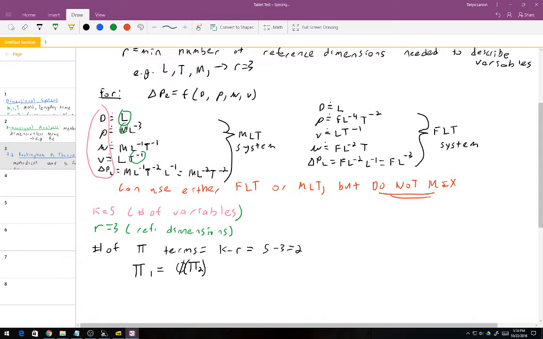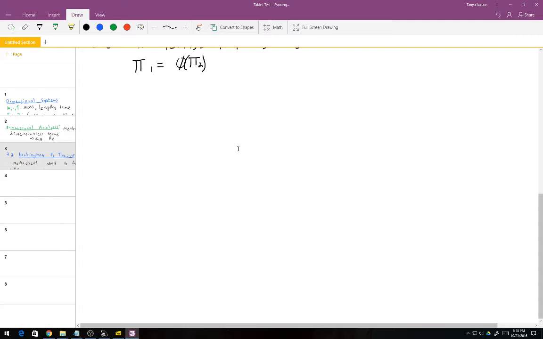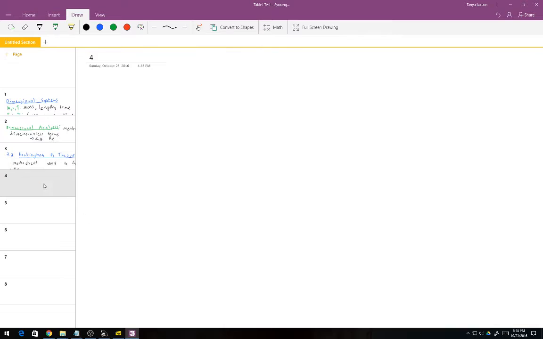Okay, so that's well and good. Now that we know the number of pi terms, the next logical question, of course, is, well, we know that we need this number of pi terms. How on earth do we actually find these stupid things? And thankfully, I can teach you that. So, let's look at 7.3, determination of pi terms.